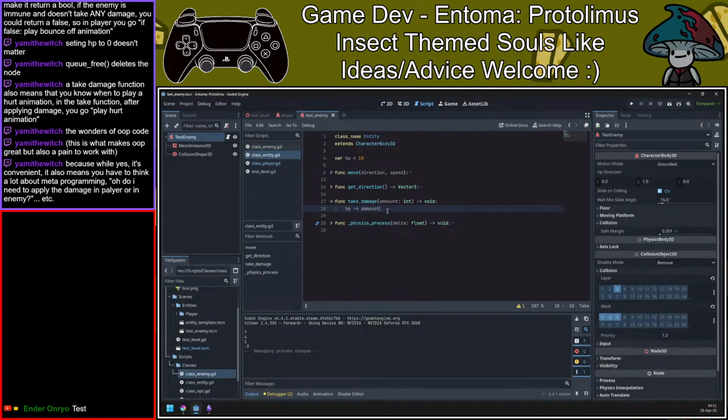Hmm. I can see a damage formula being particularly complicated if you have a bunch of different damage types. And then you have all the defenses, all the resistances, item effects. That's going to be fun to build.